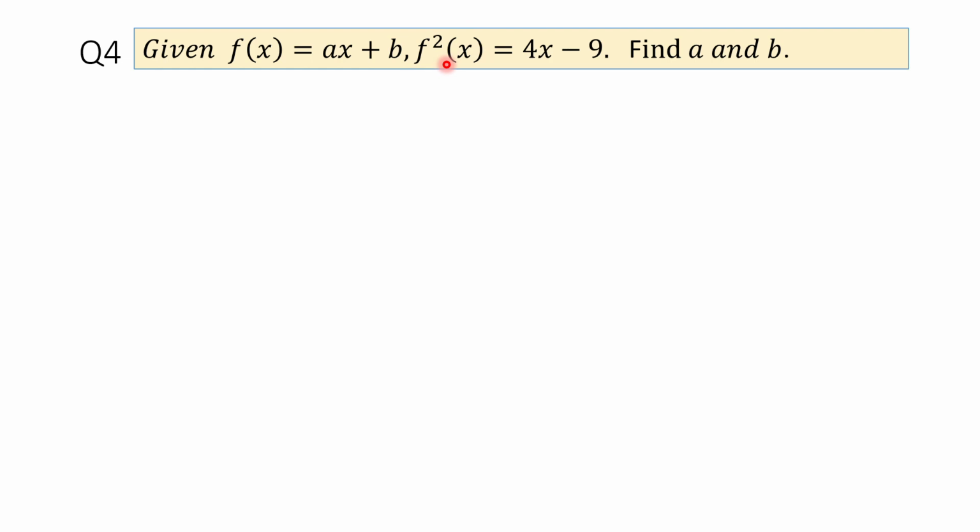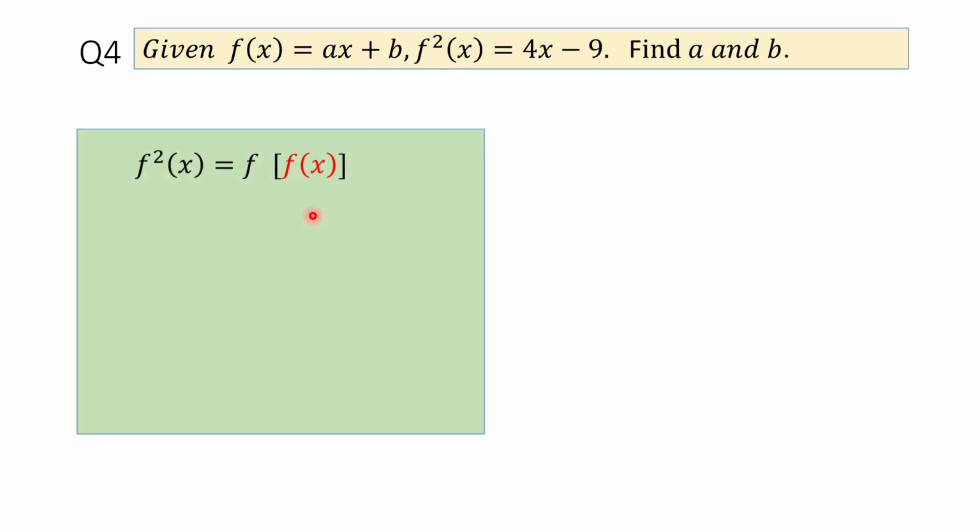So as the first step, I'm going to find f squared x. In order to find f squared x, you have to break it as f(f(x)). The inner function f, change it as the given function, that is ax plus b.